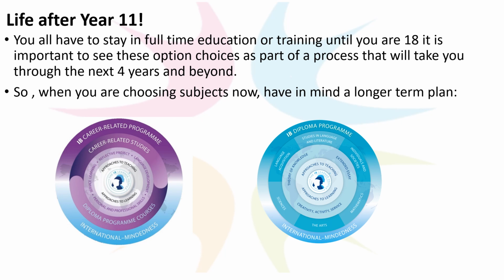The IBCP allows students to study a mixture of academic and career-related studies, so it's perfect for students who want to go to university or become an apprentice, or indeed go straight into the world of work at 18.